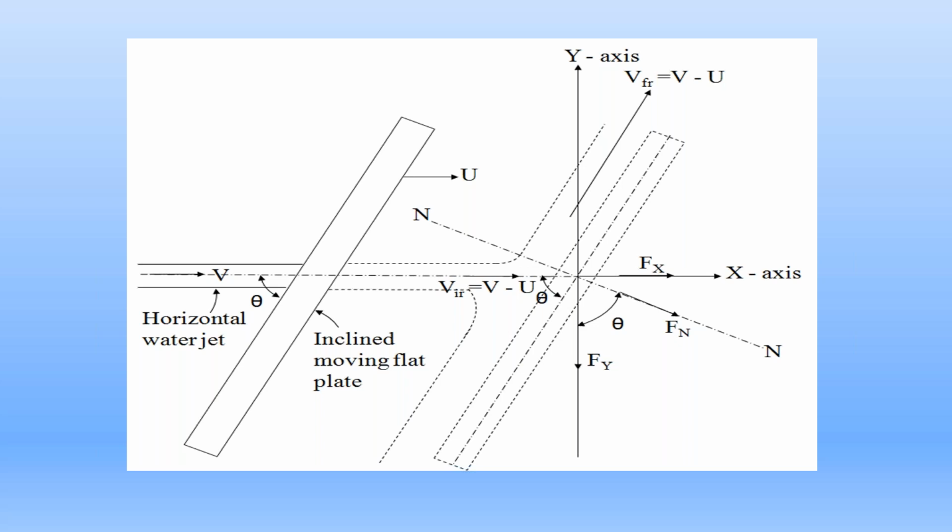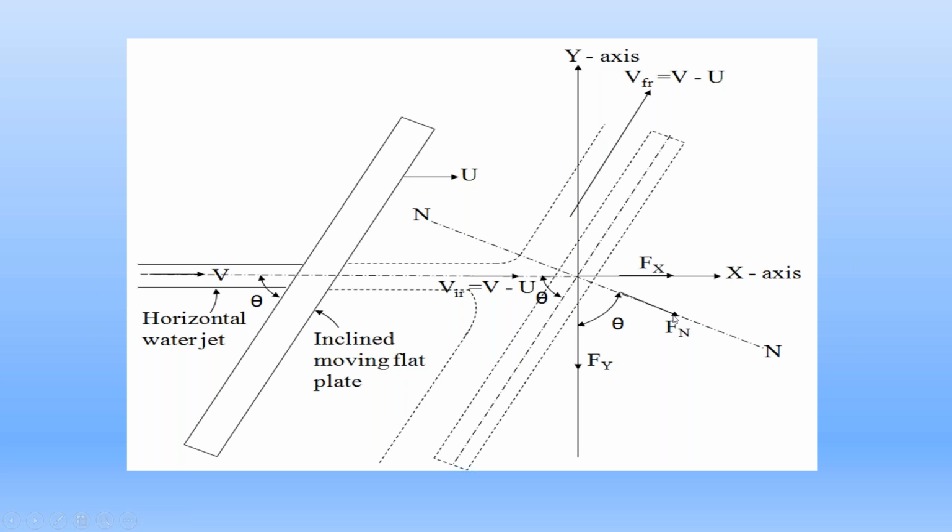So with the x-axis, this normal line N is making the angle 90 minus theta. So this initial relative velocity VIR is making the angle of 90 minus theta with the direction of force Fn.